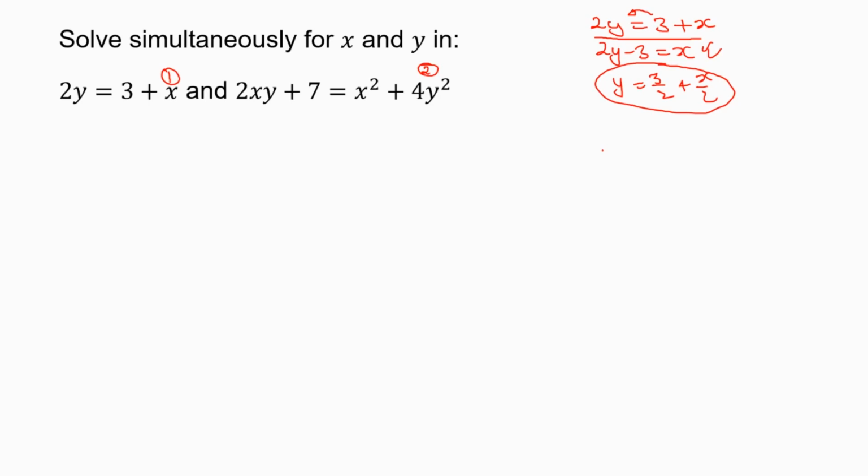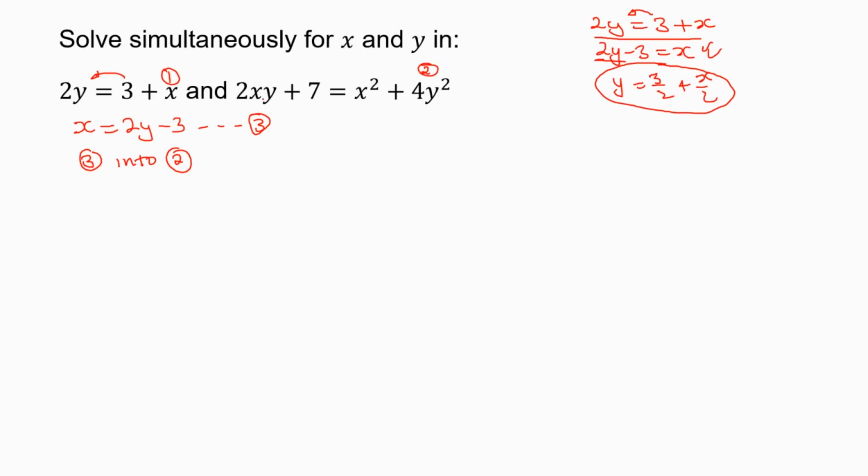Okay, right. Now, we've just done that. Here we can just move this to this side, and then you can see x remains on its own. So it becomes x is equal to 2y minus 3. That's equation 3. Then substitute 3 into your quadratic equation, which is equation 2.